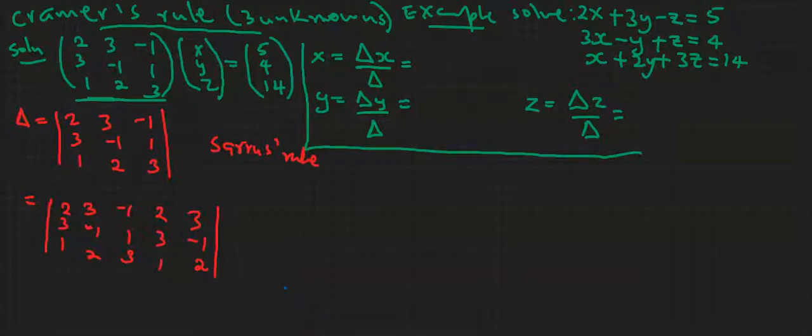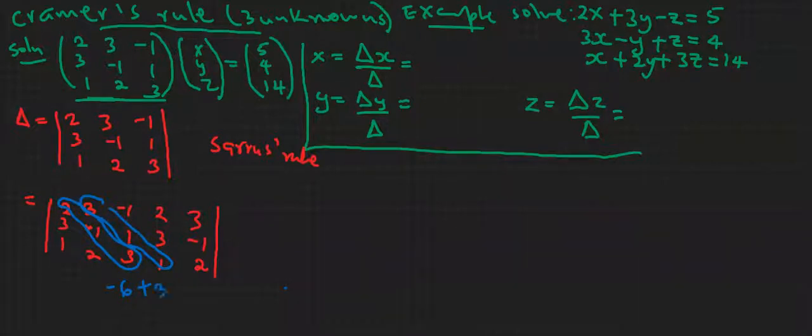Then from the top left corner, we have this diagonal that has 2, -1, and 3. If you find the product, you'll get -6. Then you add the product of the elements in the next diagonal that has 3, 1, and 1.